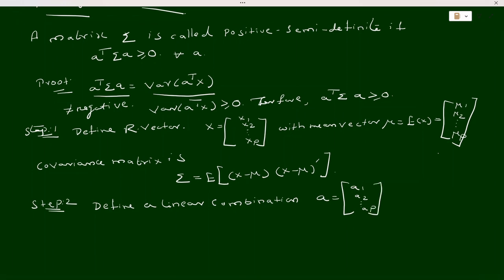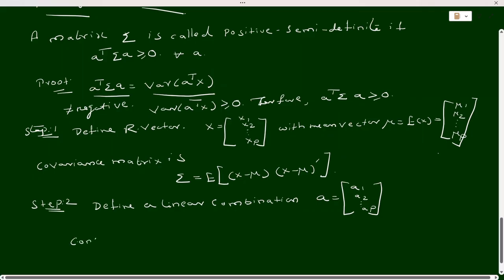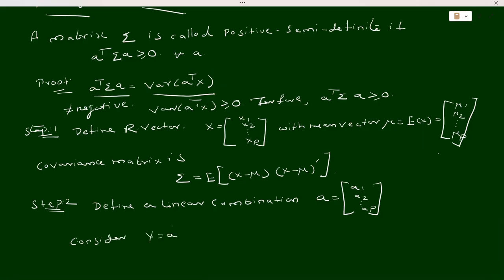So this is the constant vector, and here we consider Y equal to A transpose X. So if we expand it, what is X? X is X1, X2, X3, XP, and what is A? A1, A2, AP. When we multiply these two, here the A is transposed.